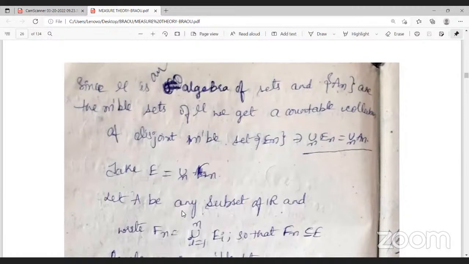Then the measure of the intersection n equal to 1 to infinity of En equals the limit as n tends to infinity of the measure of En.